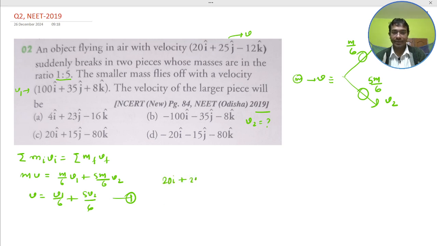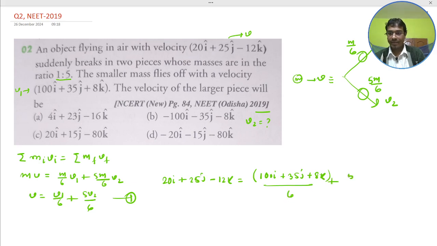That v means 20i plus 25j minus 12k is equal to v1 by 6, multiplied by v1, which is given as 100i plus 35j plus 88k, divided by 6, plus 5 by 6 v2.